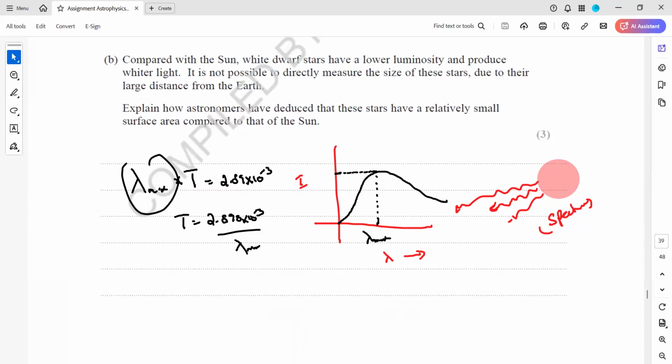So what we can do is use the Hertzsprung-Russell diagram, the HR diagram. The HR diagram is a comparison between luminosity and temperature. The temperature scale is there, but it is decreasing, and here is the luminosity. So this will be the Hertzsprung-Russell diagram.